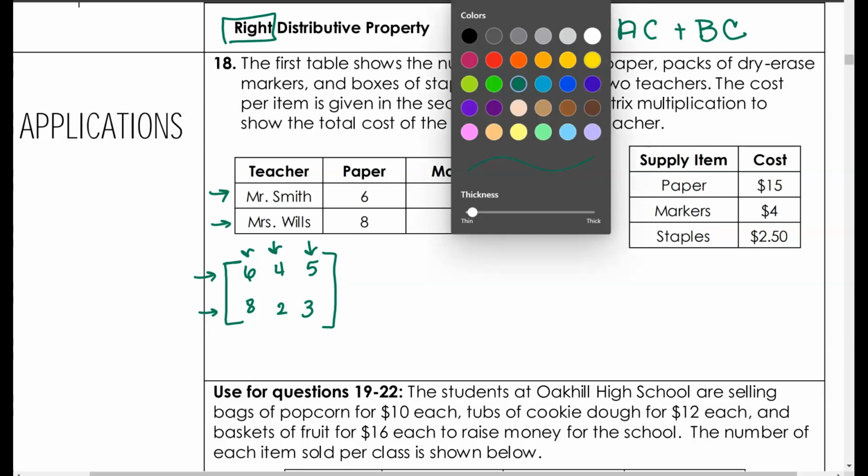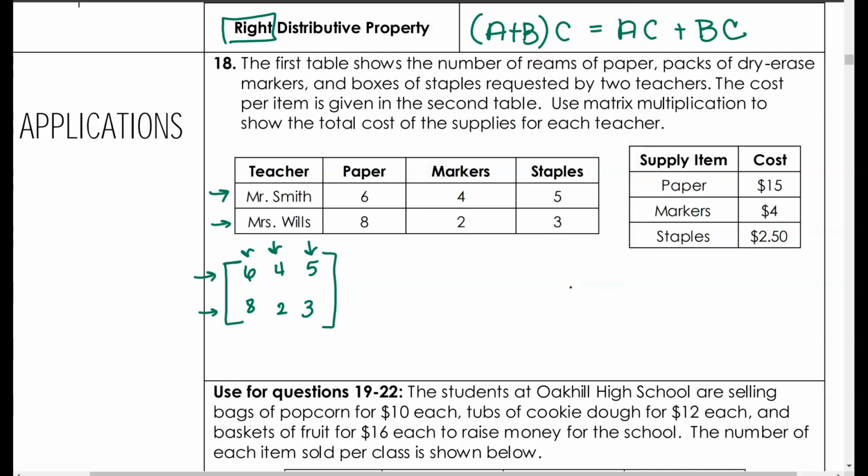Now when we look at the next matrix that we're going to multiply, notice that we have paper, markers, and staples. So this particular matrix is going to be 15, 4, and 2.5. Notice that when I multiply, I'm going to be multiplying papers times the price of papers to get that first entry.